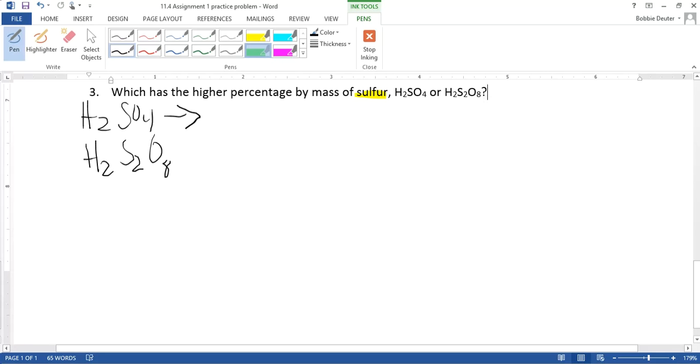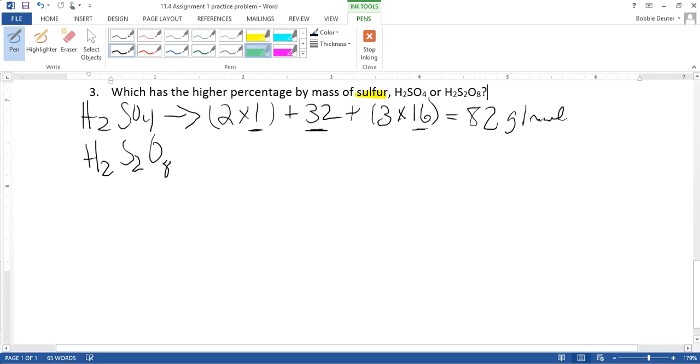So H2SO4 is sulfuric acid, and so we have 2 hydrogen plus sulfur, and sulfur is 32. And I'm getting these numbers again from my periodic table, so they're not a mystery. We have 4 oxygen, and that is going to give me a grand total of 98 grams per mole of H2SO4.